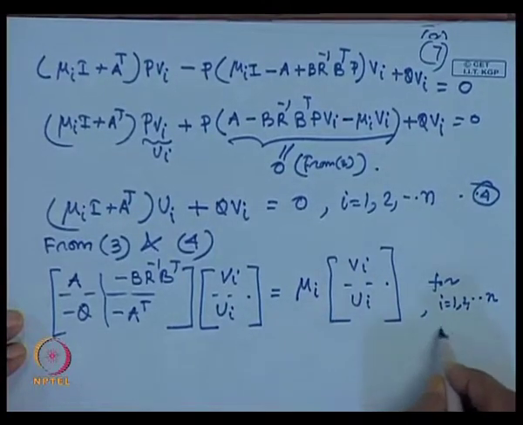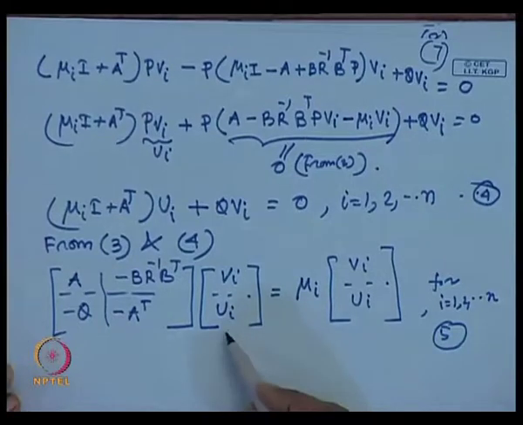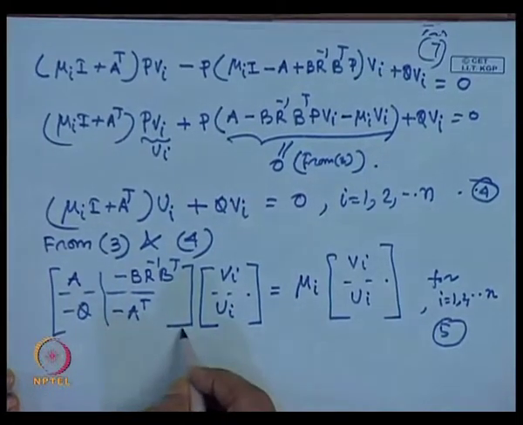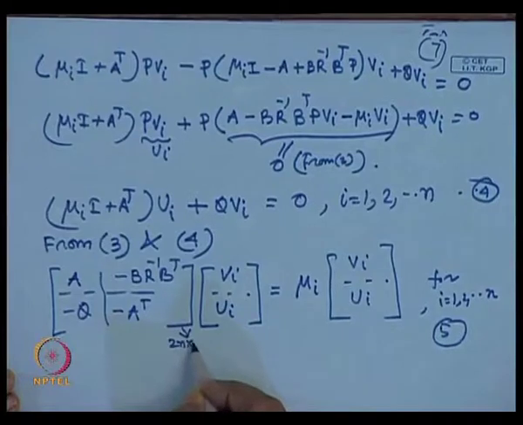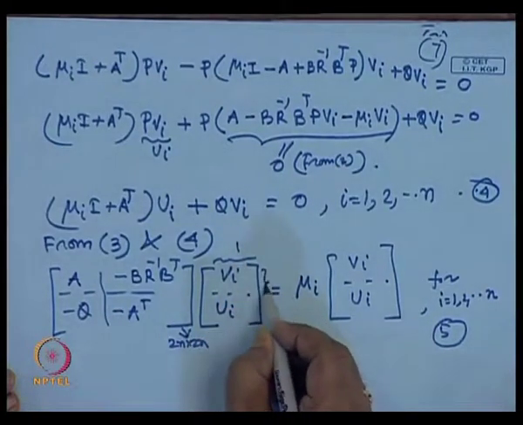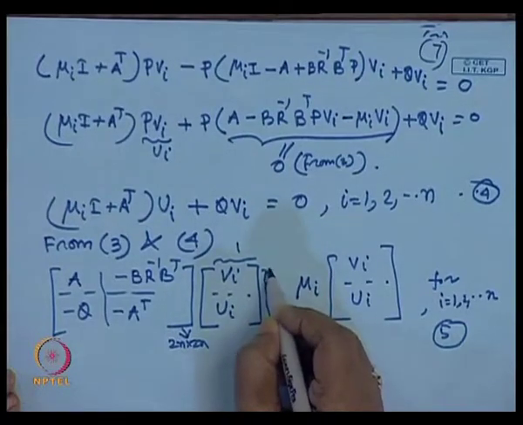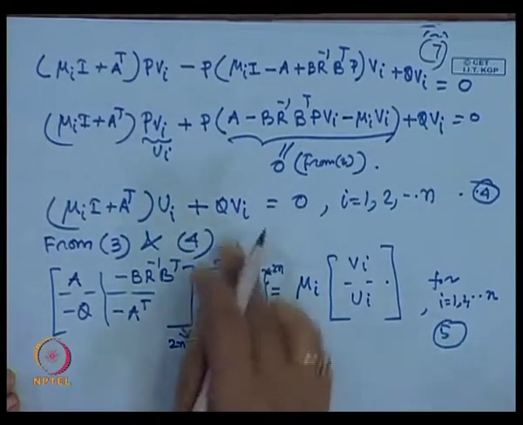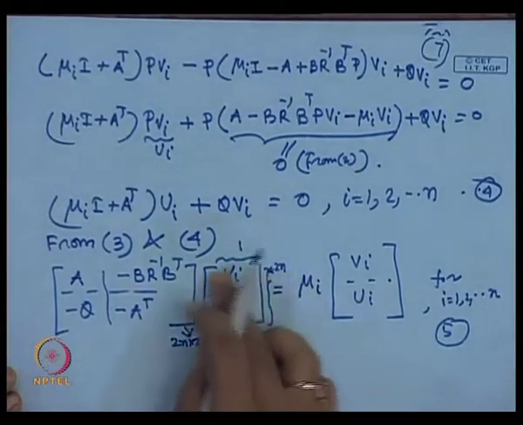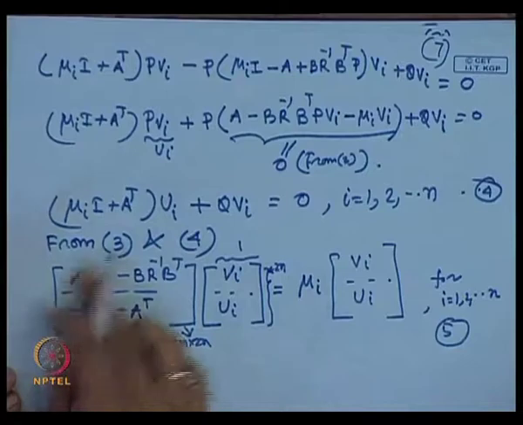That is for I equal to 1, 2, up to n. So, let us call this equation number 5. If you see, this is the eigenvector. This matrix dimension is 2n cross 2n, and this dimension is 1 cross twice n: one column, twice n rows. So, these are the eigenvectors corresponding to the Hamiltonian matrix.